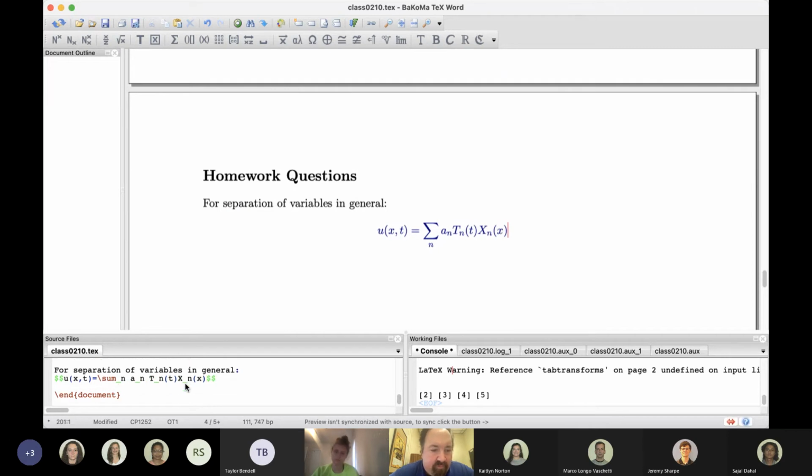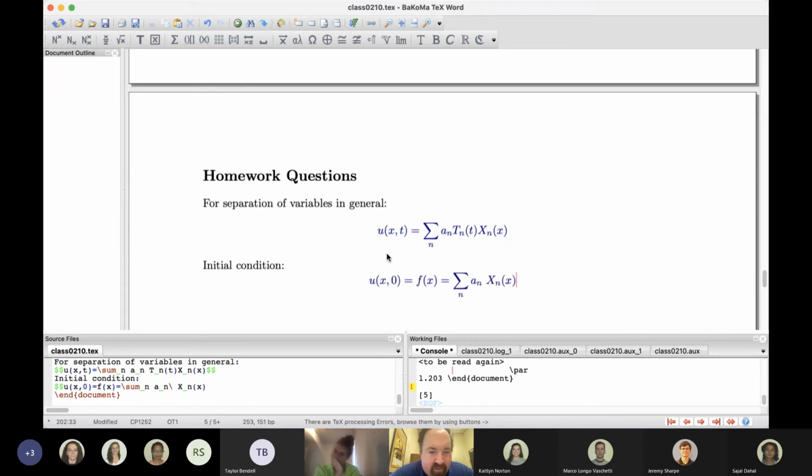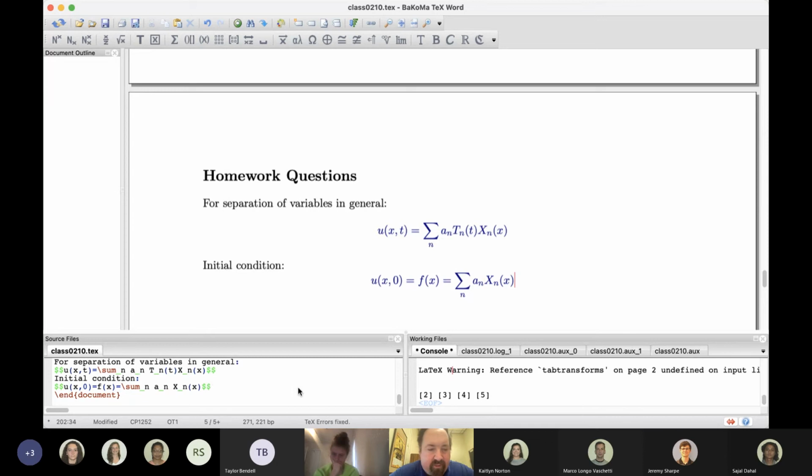And then by applying the additional condition, u of x, 0 is some function f of x that's given. What's happening in these heat equation problems is that if you plug in t equals 0, you get an exponential e to the 0, you just get 1. So you just have this. And then you're trying to find these coefficients a_n.